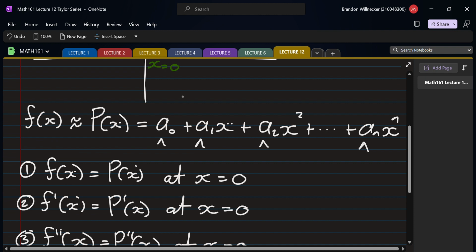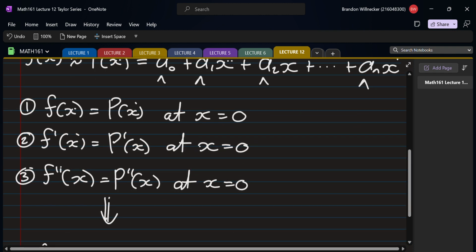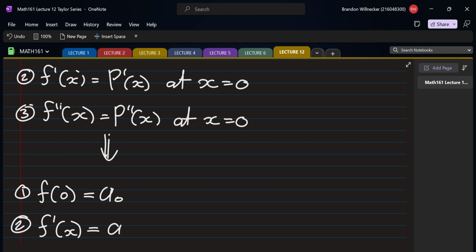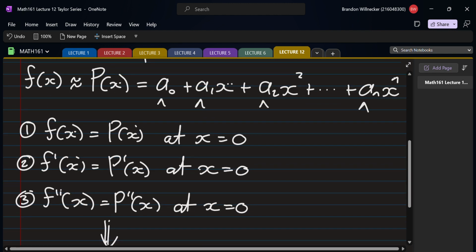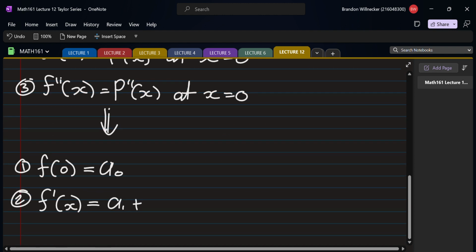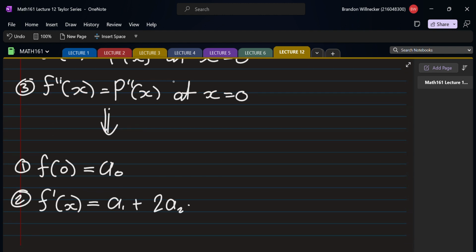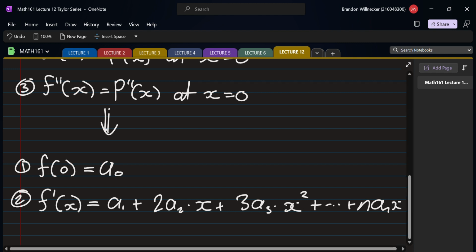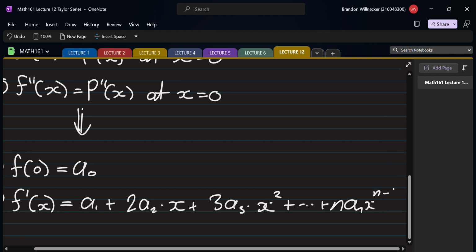If we take the derivative, the a0 goes away, and we're left with a1. So it will be a1 plus 2a2 times x plus 3a3 times x squared plus dot dot dot plus n an x to the n minus 1.